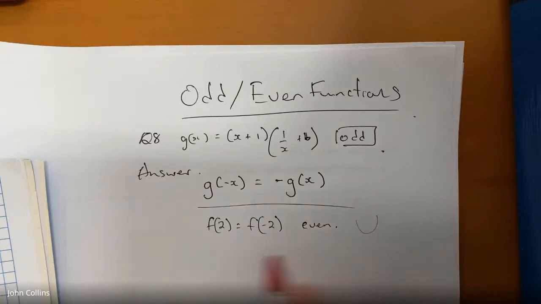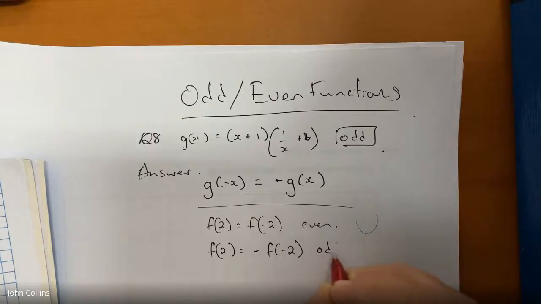So the odd function is a slightly trickier one. When we subbed in 2, remember it was 8 and minus 8, so f of minus 2 equals minus f of 2, and that's odd. We tidied that up by multiplying both sides by minus.